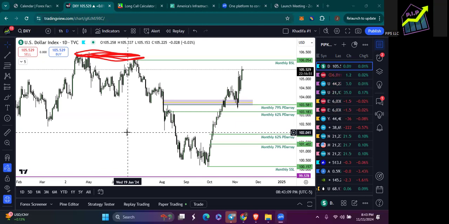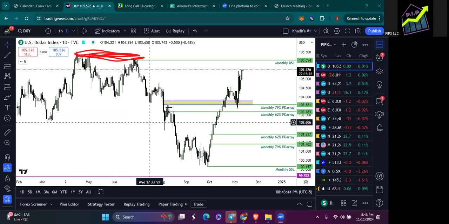Those asset classes either correlate with the dollar, meaning they move in the same direction, or inversely correlate with the dollar, meaning they move in the opposite direction. So depending on which direction the dollar is moving in, we can pretty much gauge which direction other asset classes should be moving in. Make sense?